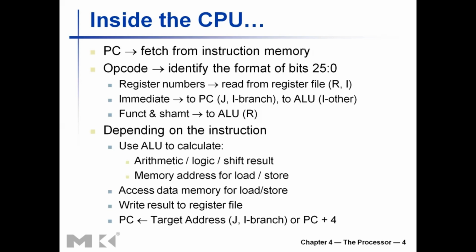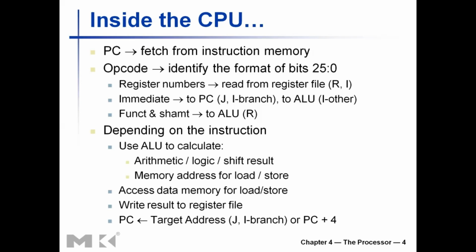Finally, you need to update the program counter. Usually, if nothing is affecting the program counter, the usual operation is program counter equals program counter plus 4, right? So PC equals PC plus 4. That is, go to the next instruction in the sequence.